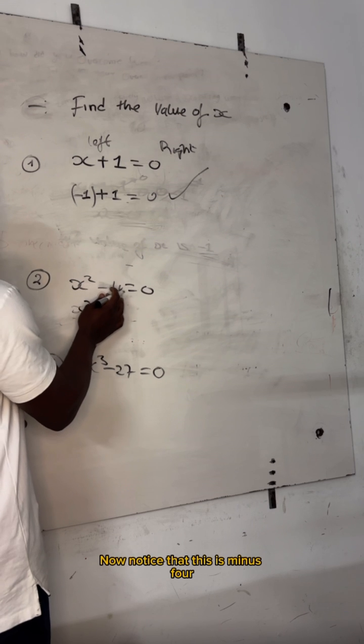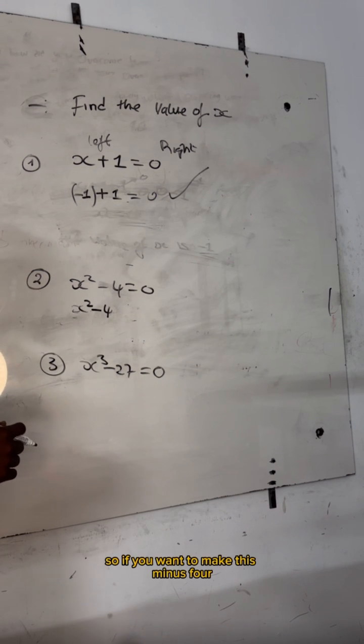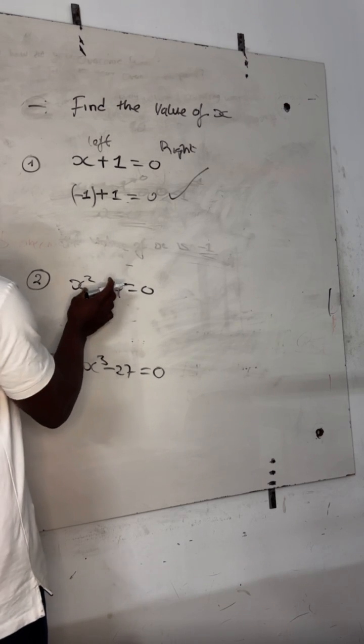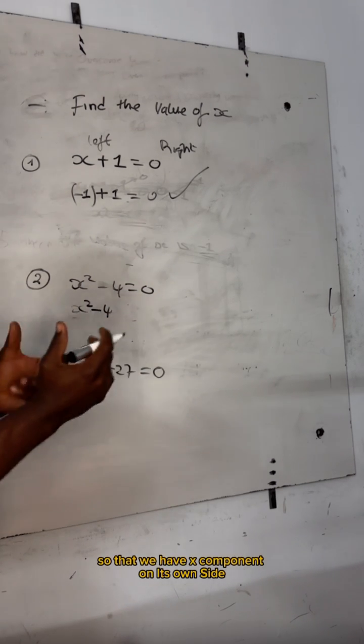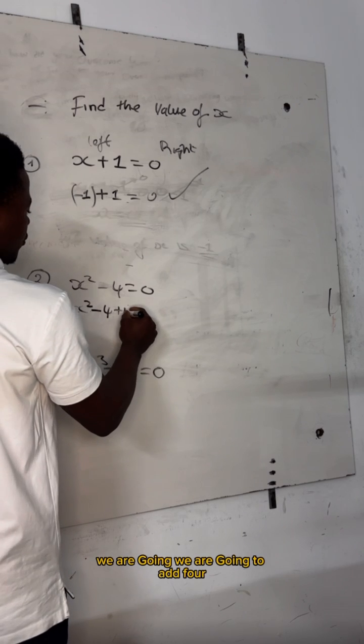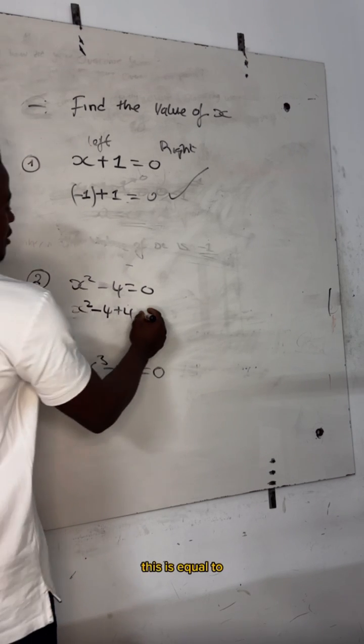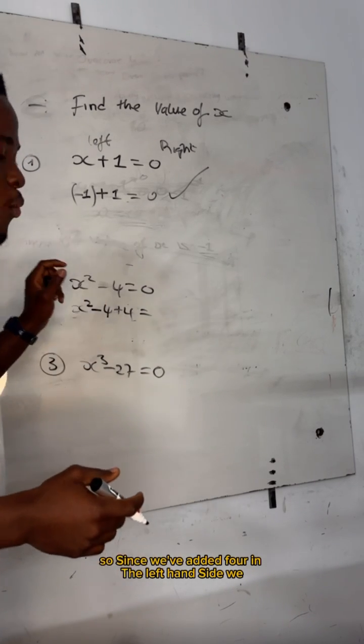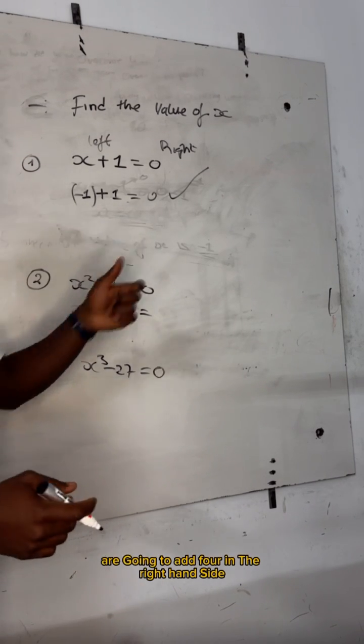Notice that this is minus 4. If you want to remove this minus 4 so that we have the x component on its own side, we are going to add 4. Since we've added 4 on the left hand side, we are going to add 4 on the right hand side.